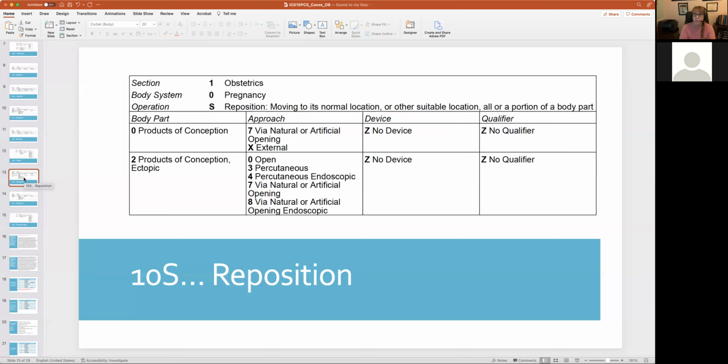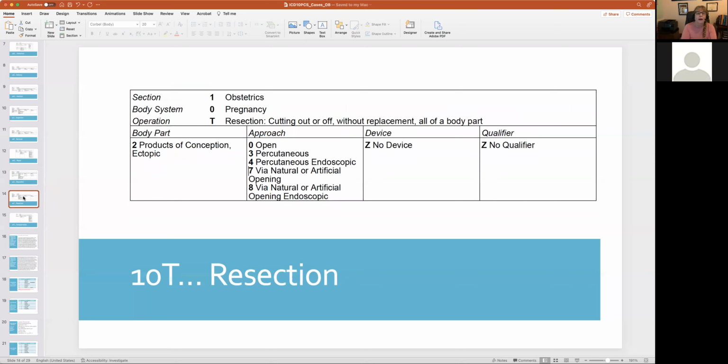And then we can have a baby instead of a problem in the fallopian tube. If you don't know, you need to talk to the attending physician. All right. Resection. You know that a resection is cutting out or off.